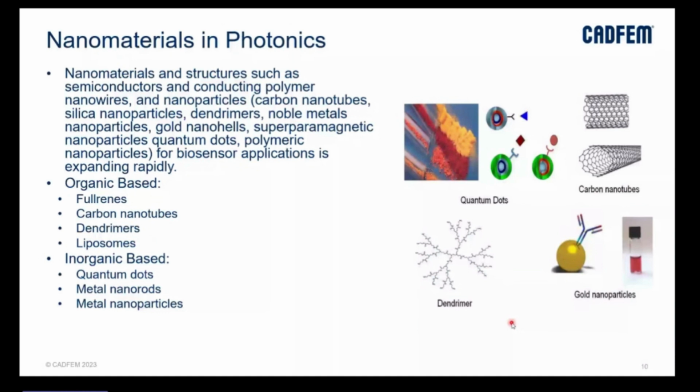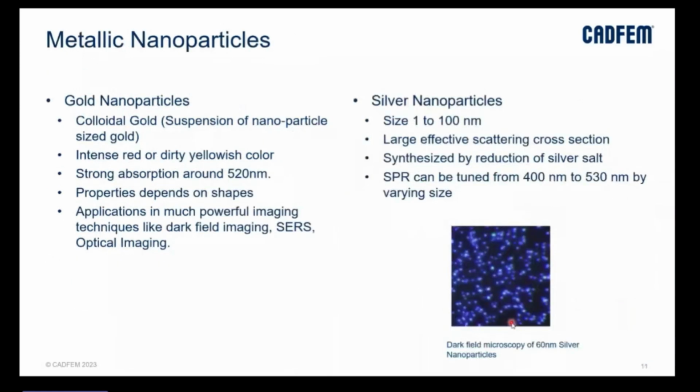It's a purely inorganic-based substance, and it is very tightly confined. These kinds of quantum dots are basically used to generate single photons. Also there are metal nanorods and metal nanoparticles, which I was talking about earlier while designing biosensors. For example, if I talk about metallic nanoparticles, we can use gold nanoparticles, which can be used in several forms.